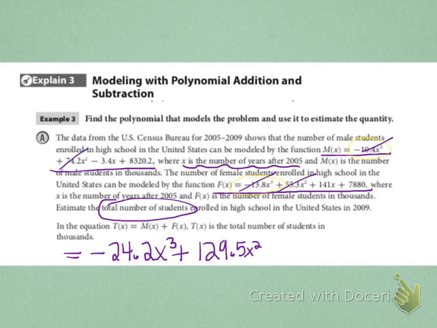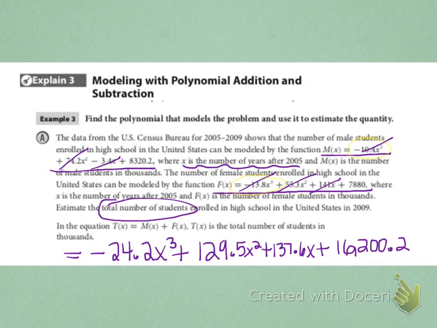So then we've got the minus 3.4x and the positive 141x, and those add up to 137.6x. And finally, those constant terms, 8,320.2 and 7,880 makes 16,200.2.